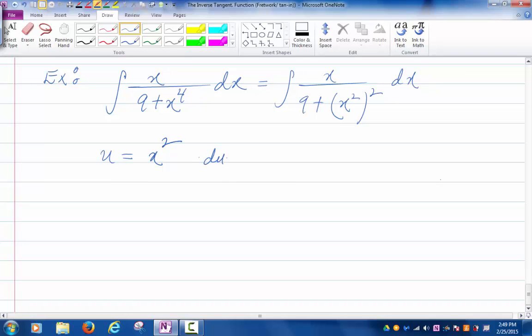So I'm just going to say u equals this. And then what is du? Just because I have done some work already, you should be doing 3x squared, but I'm going to use the previous integral. So if I do that, then I get du equals 2x dx, and then half du is x dx.